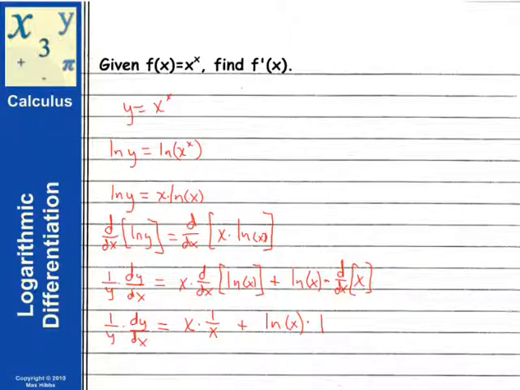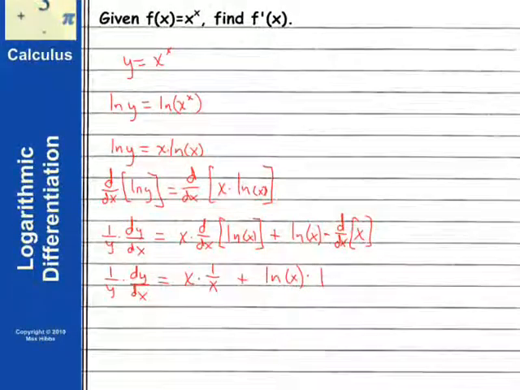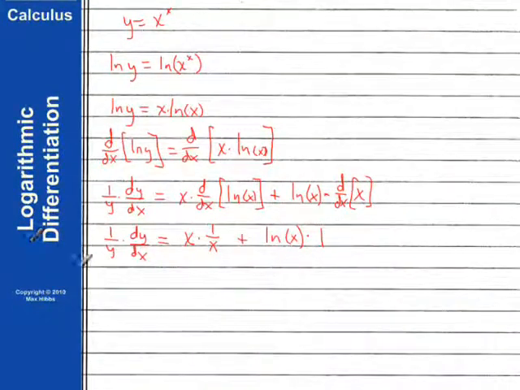And so we see on this simplification on the right side, we end up simply with, well, let's see, on the left side we have 1 over y times dy dx, and here we have simply 1, x times 1 over x is 1, and here we just have natural log of x.